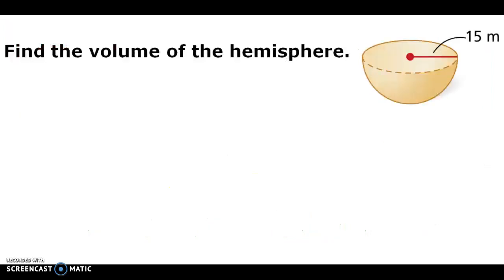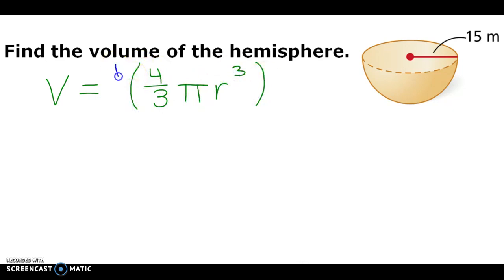Now we need to find the volume of a hemisphere. Hemisphere is what of a sphere? Half. So I'm going to take our volume formula. So it's 4/3 pi r cubed. I'm going to multiply it by 1/2. And before we even put anything in, we can simplify that, right?